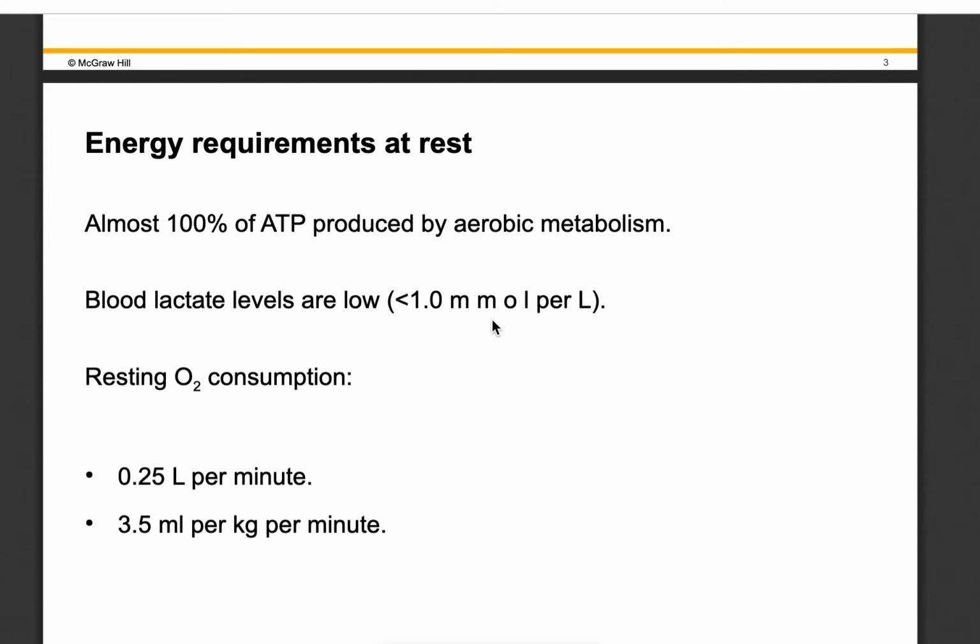It's going all the way through that, and you're not building up a concentration of lactate because we can utilize it. That means our resting O2 consumption, just sitting here, is about 0.25 liters per minute, or around 3.5 milliliters per kilogram per minute for the average person. That does fluctuate, but those are your averages.